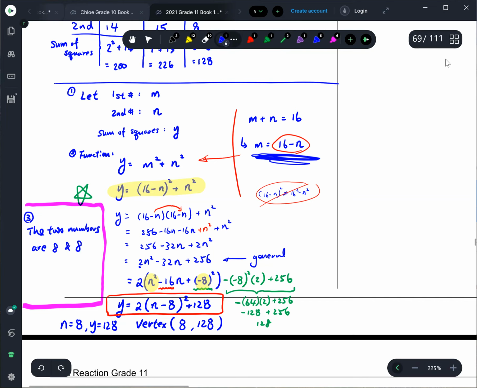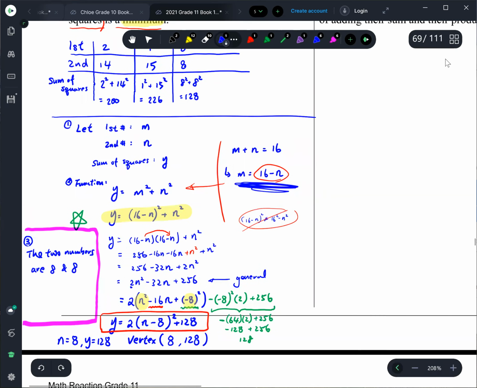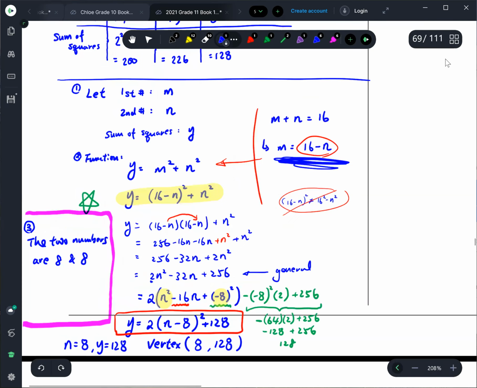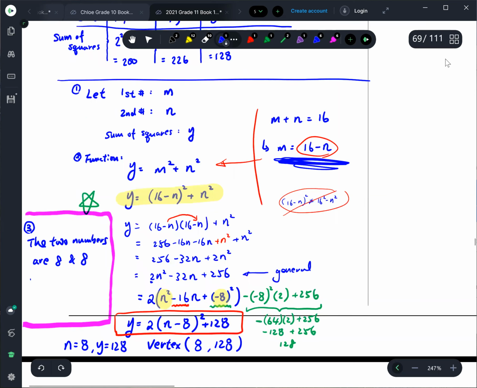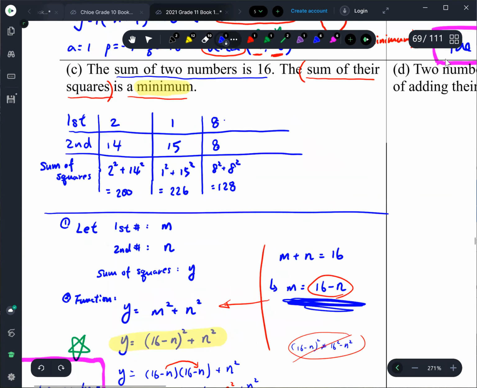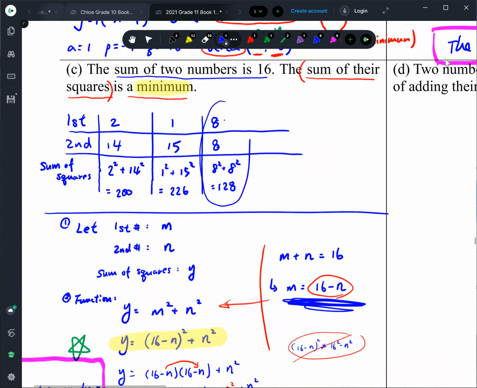I think it was Cat who said that answer, right? Yeah. So the two numbers are 8 and 8 with a minimum value of 128, which matches our guess at the beginning. Okay, so this is the correct answer on the table, right?